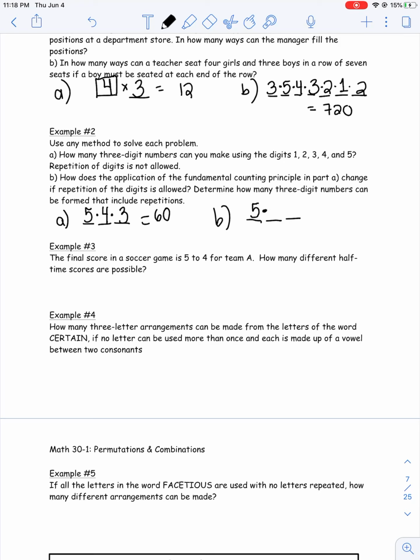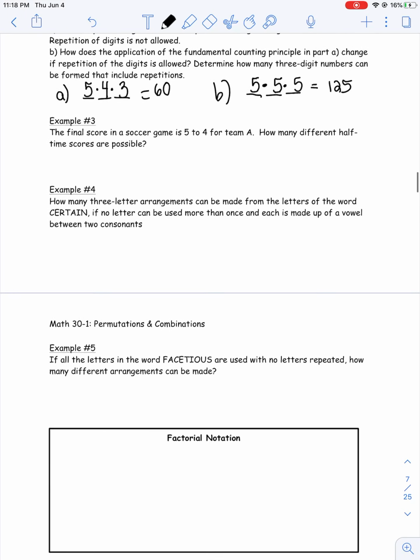Now, once I place a number down, I can repeat the number that I used in the first spot. Now there's 5 choices again for the second spot if repetition is allowed. And finally, 5 numbers again for your third spot as choices, which gives you 125 options. So when they allow repetition, there's always going to be more options, more ways that can be done.